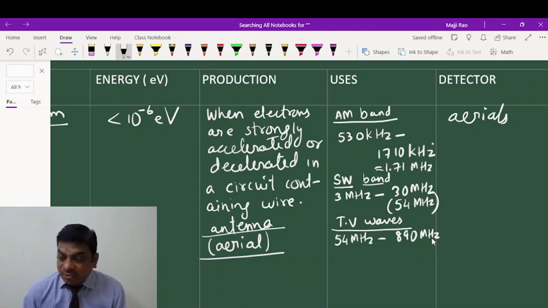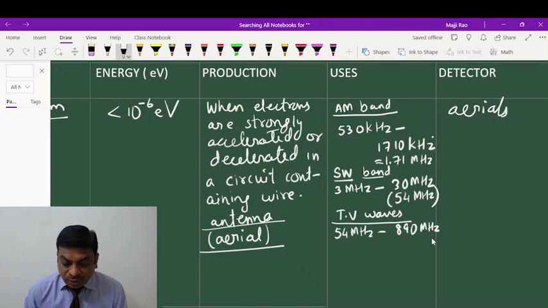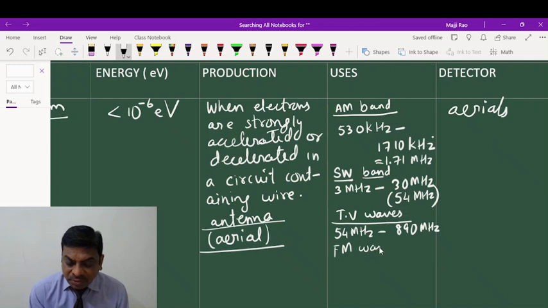So you have to be very careful and memorize this. And finally we have frequency modulated waves. Remember, students, FM waves require a higher frequency range. Here the frequency range spans from 88 million hertz to around 108 million hertz, or megahertz.